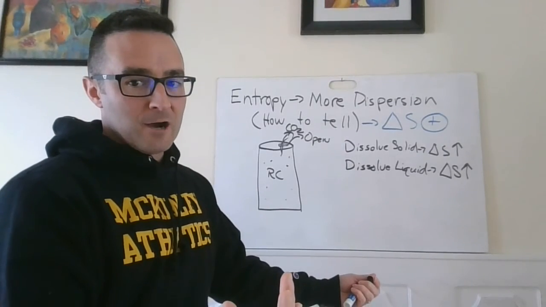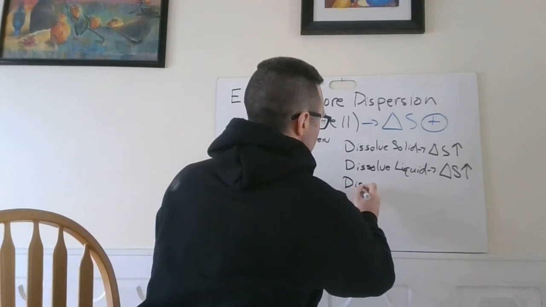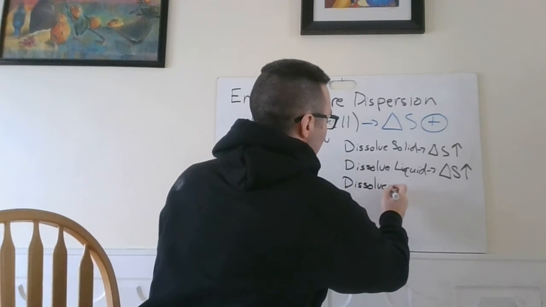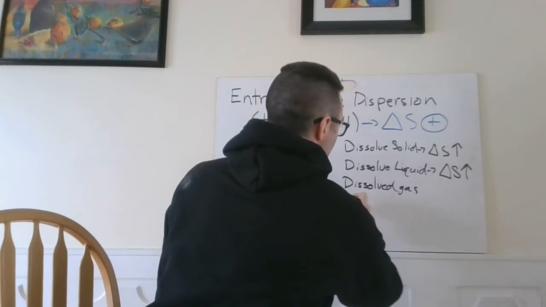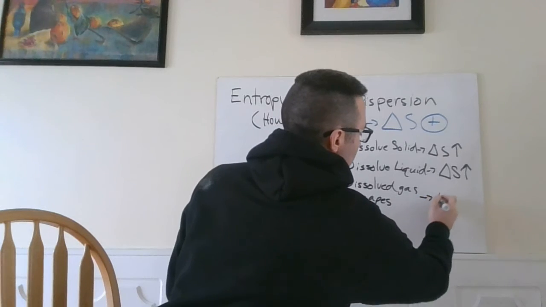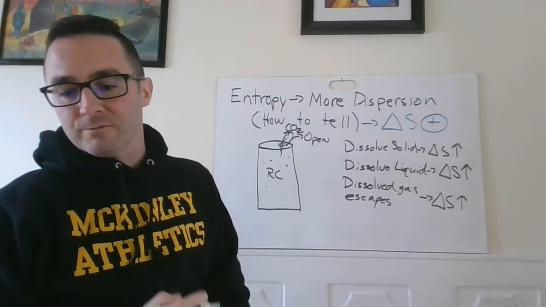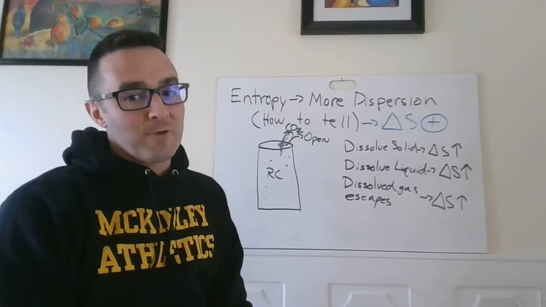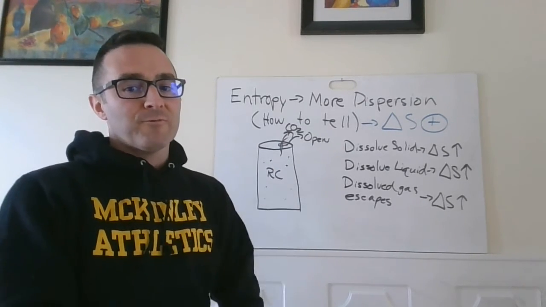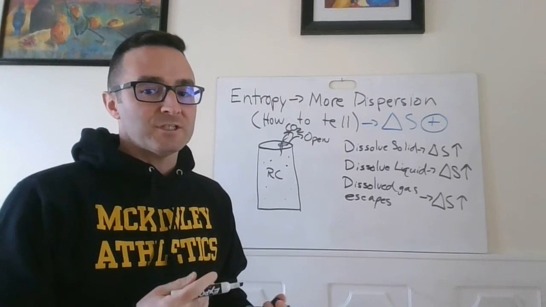You give it a way out, it wants out. So when dissolved gas escapes, guess what? Entropy increases too. Same thing when you evaporate a liquid. It's going from a liquid phase to a gas phase. All of these things increase disorder.